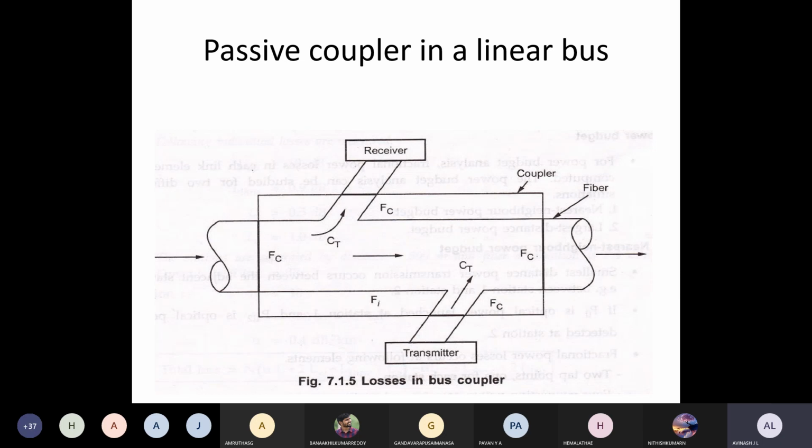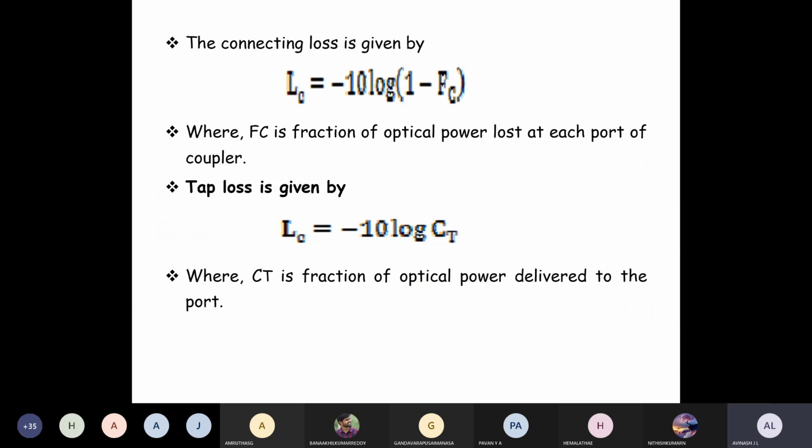When you see the coupler, there are 4 ports: left hand side, right hand side, top and bottom. Four sides means 4 FC will come into the picture. That is given by the connecting loss. Wherever the connection or tap is there, the connecting loss will come into the picture.